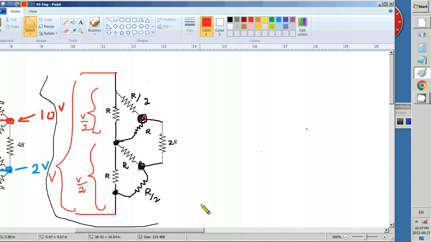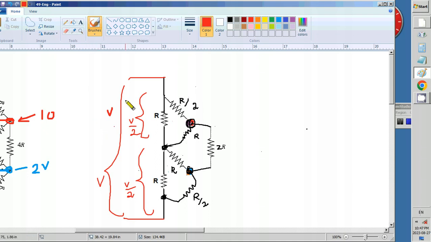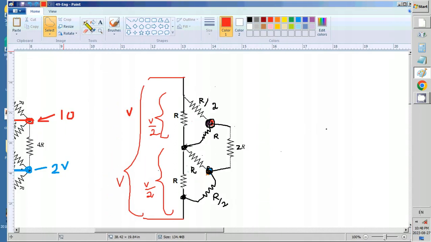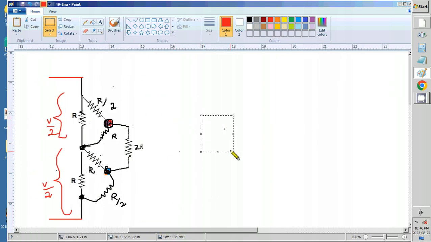Therefore we must see that. Since the total voltage is V, we can divide it between these equal resistors, half V to each.